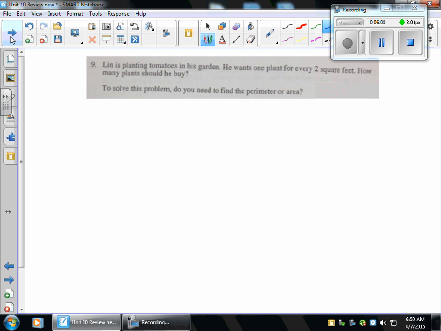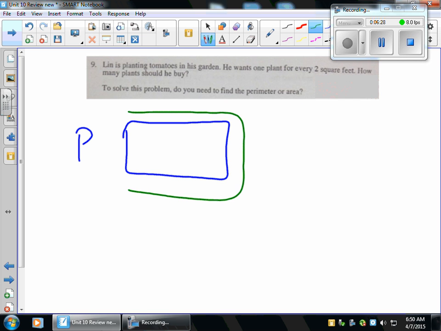Lynn is planting tomatoes in his garden. He wants 1 plant for every 2 square feet. How many plants should he buy? To solve this problem, you need to find the perimeter or the area. Well, kids, the perimeter would tell us, I'll just put a P for perimeter. If this is his garden, perimeter would be the outside, right?